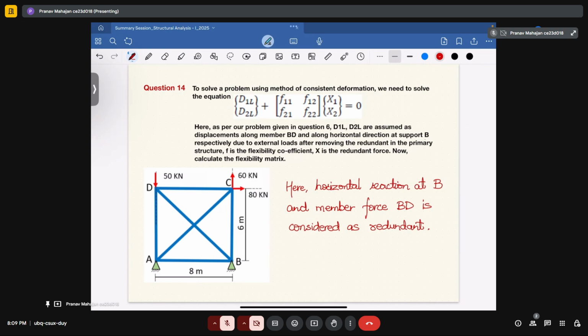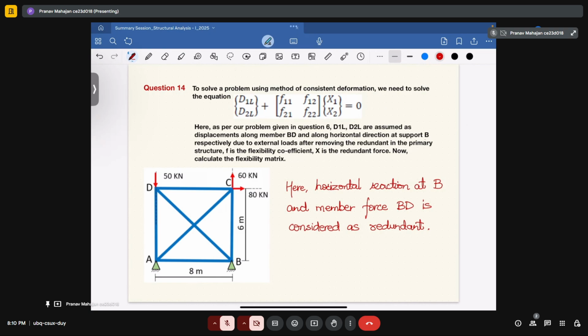Because one is an external indeterminacy and one is an internal indeterminacy. When you have one external indeterminacy, you have to take one redundant force as an external one and one as an internal member. When your external indeterminacy is zero, then you can take both as internal redundant members, remove them and then solve the problem. But in this case, one member is externally redundant and one is internally redundant.